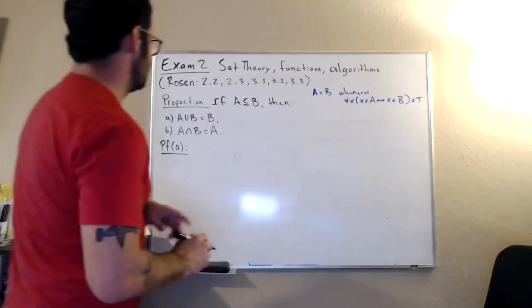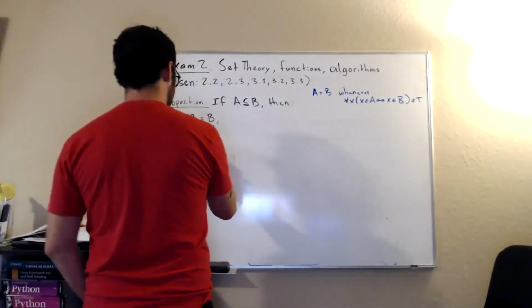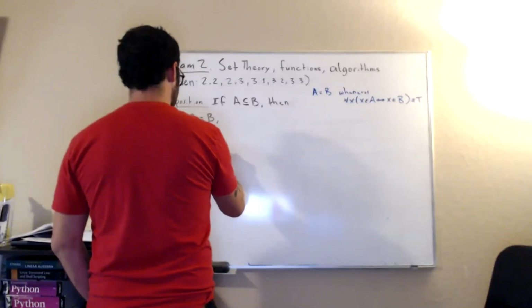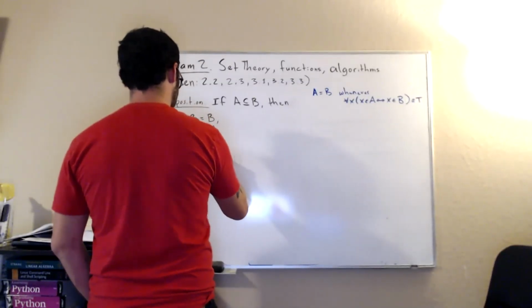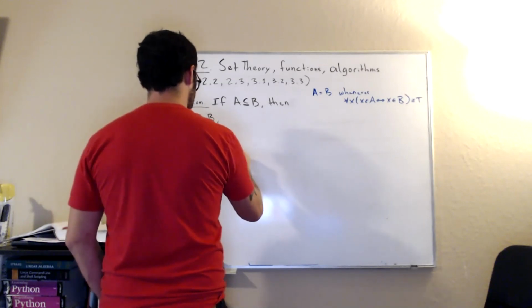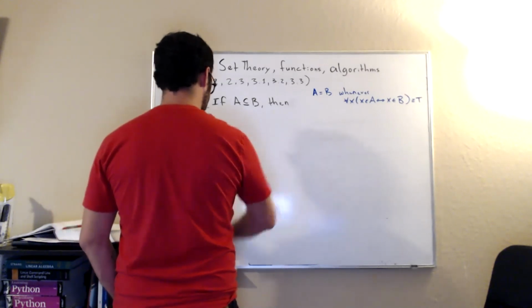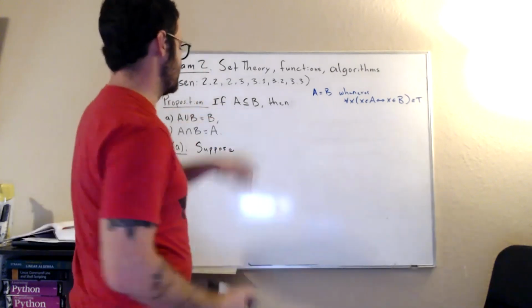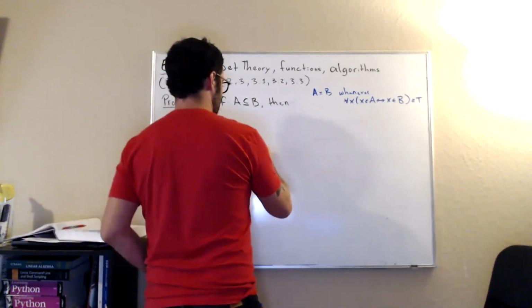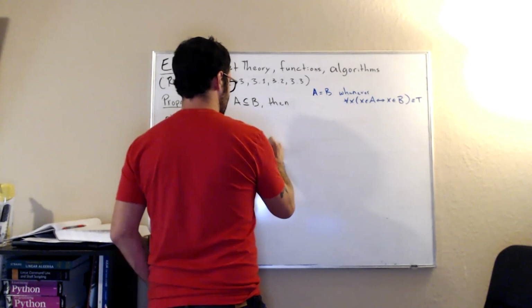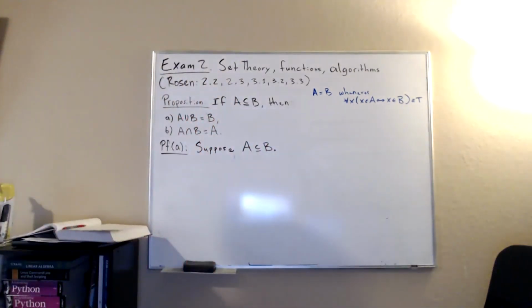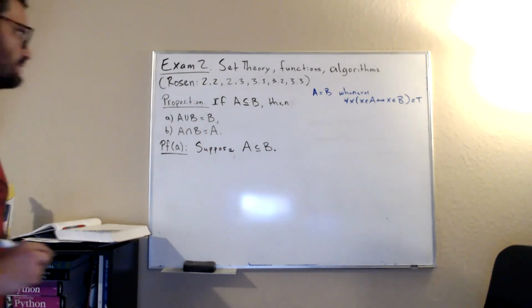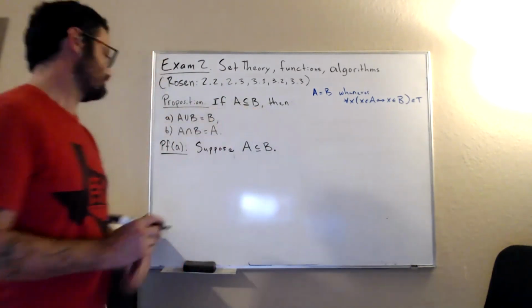Okay, so I'm just going to say, suppose X, oh no, sorry, I need to suppose the hypothesis here. Suppose A is a subset of B. Okay. So we're assuming the hypothesis.